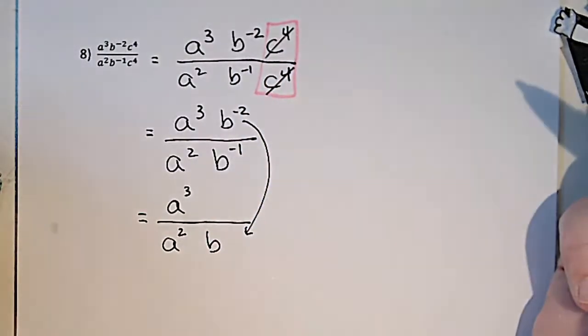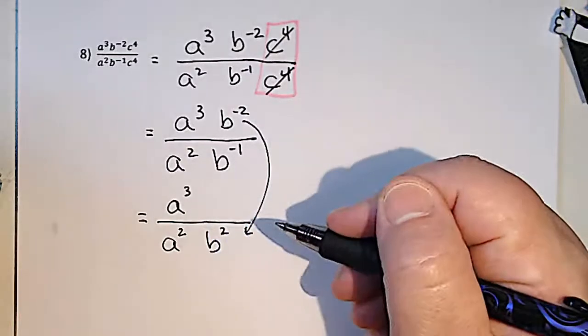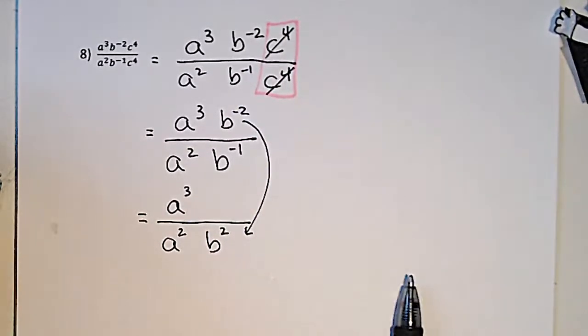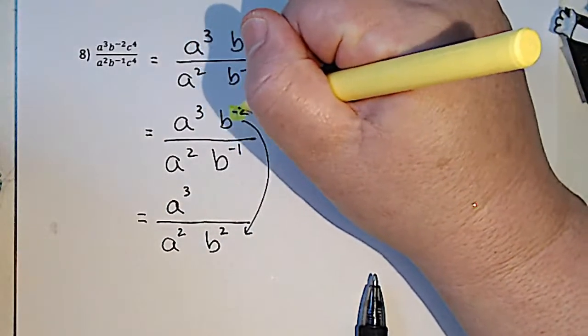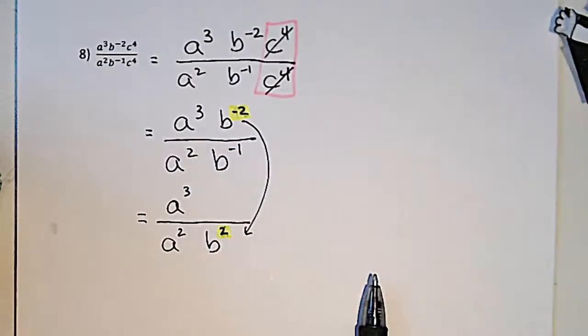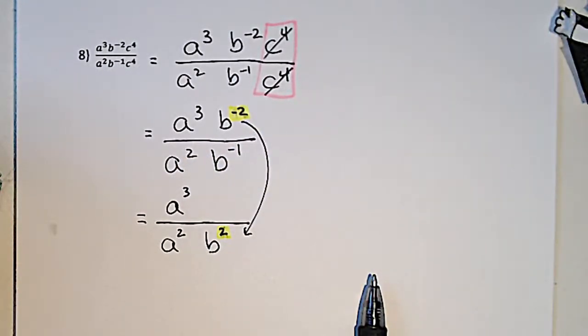Once you move them to where they want to be, the exponent goes positive. This was a -2 right there. Notice that it's a 2 here. Notice that it changes sign.